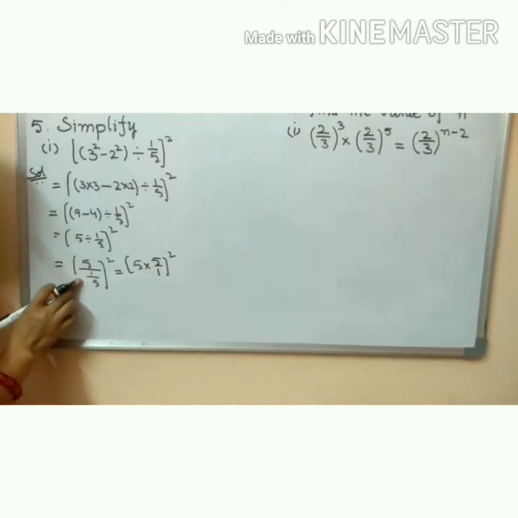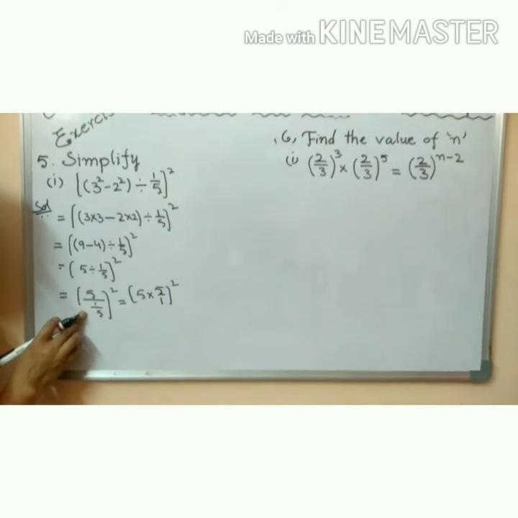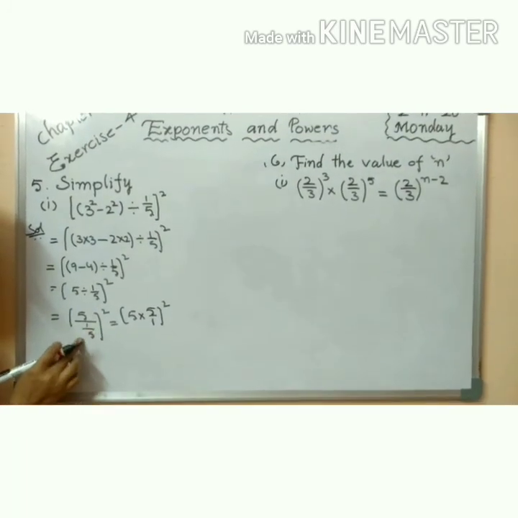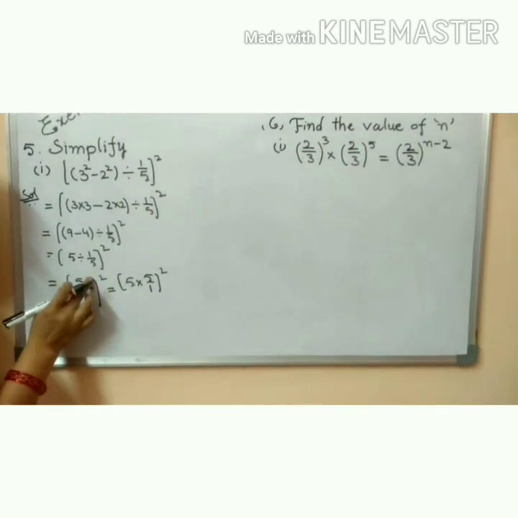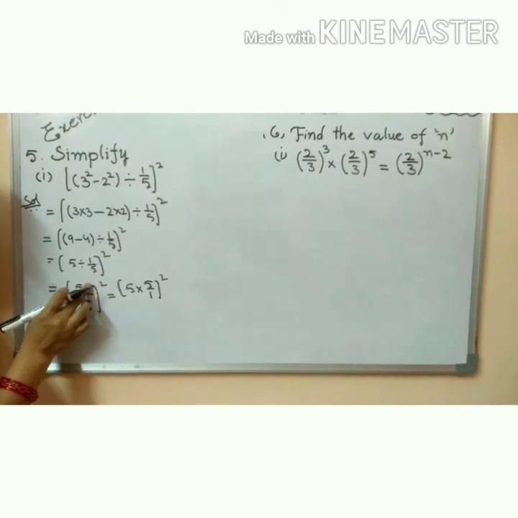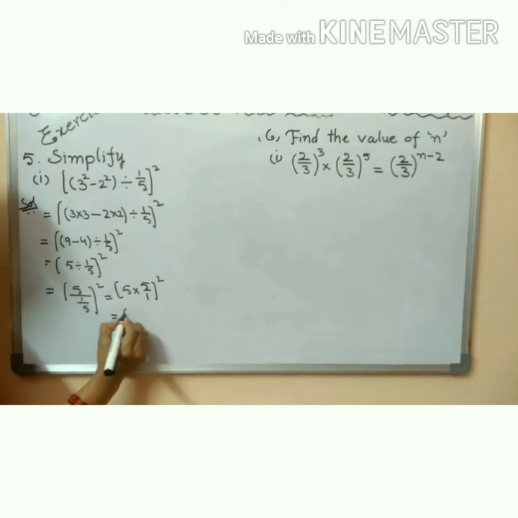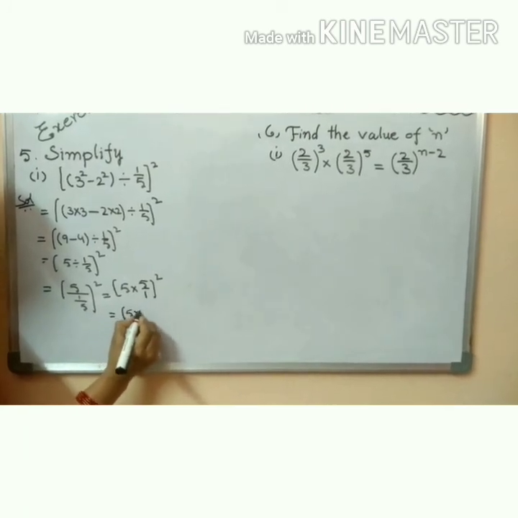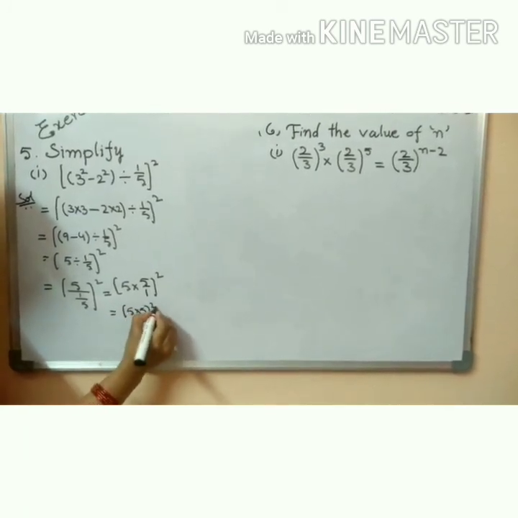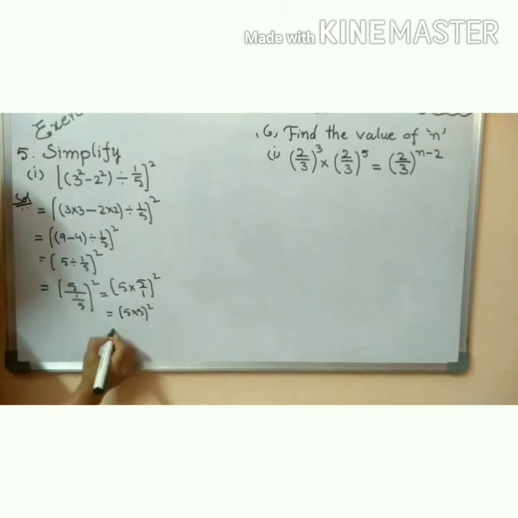Then if the fraction is in the denominator, change it to the numerator. So change the fraction, it goes to the numerator as 5/1. So 5 into 5 whole square, 5/1 means (5) whole square.